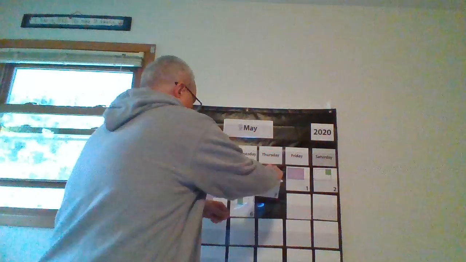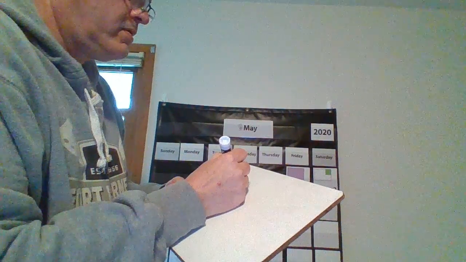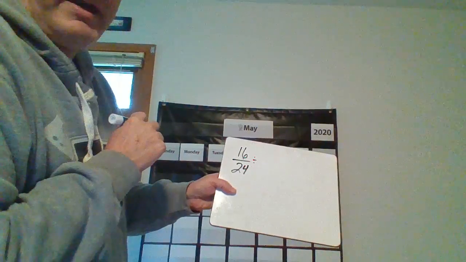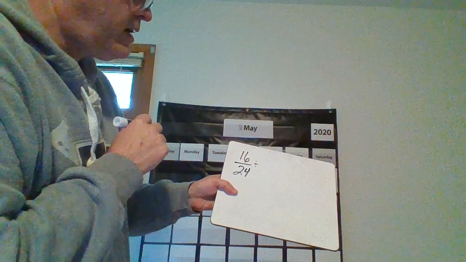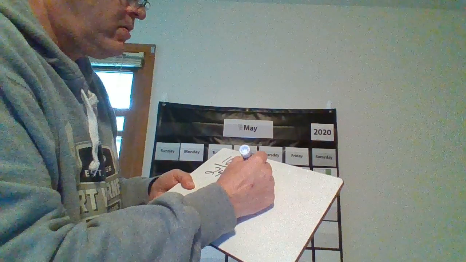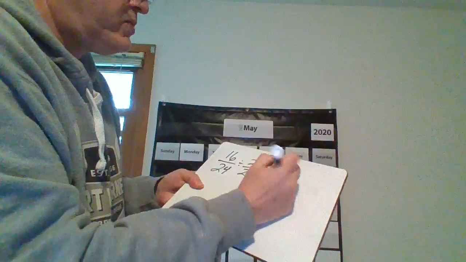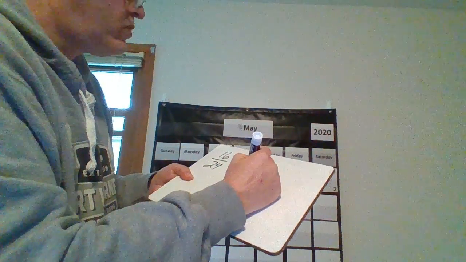So we have 4, 8, 12, 16. 16 24ths. Again, if we're going to make an equivalent fraction, divide by 2. 2 goes into 16 how many times? 8 groups. And we know that's going to be 12.